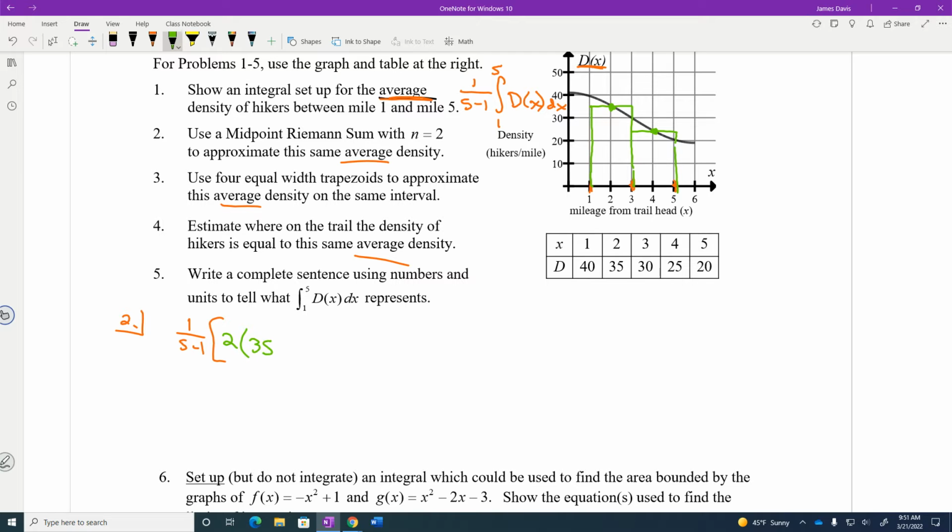So 2 times 35, plus the next one is a width of 2 as well, and the height at 4. So we get 70 plus 50, 120, so 1/4 times 120.